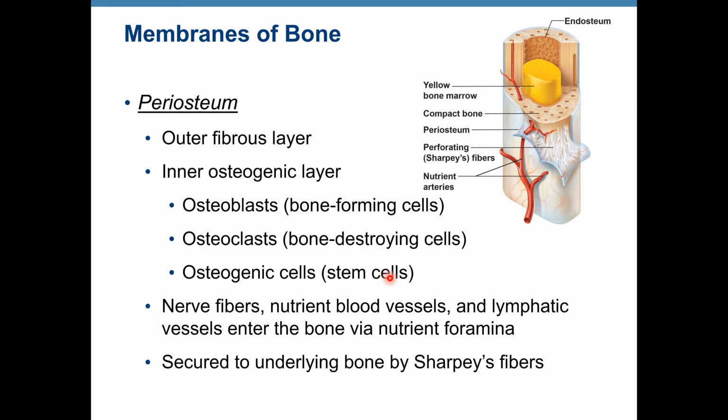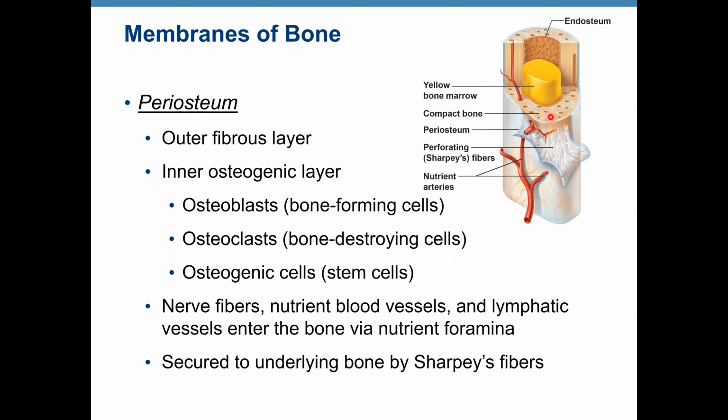Those are stem cells, and those stem cells can differentiate into osteoblasts. So this is the inner osteogenic layer, and the outer is the fibrous layer. Right, so we have periosteum made from an outer fibrous layer and an inner osteogenic layer.